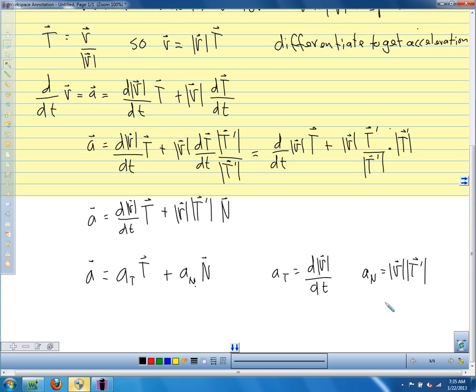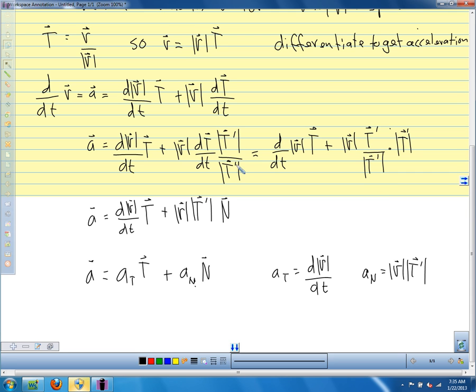Yeah, one quick one. When you have T prime over the magnitude of T prime up there, times T prime, where is the unit normal vector in that? T prime over the magnitude of T prime was our definition of the principal unit normal vector. Sorry, right before that, how did we get to that point?